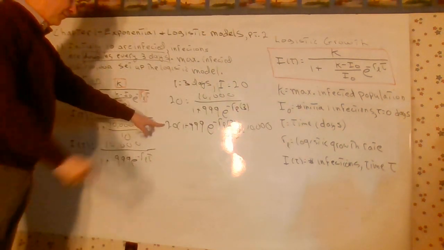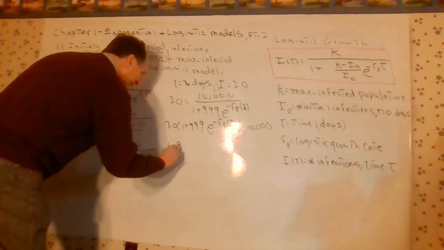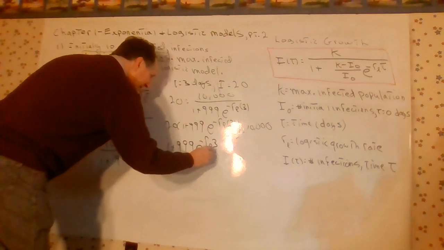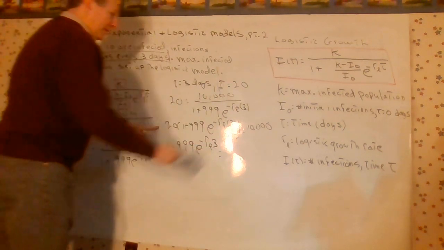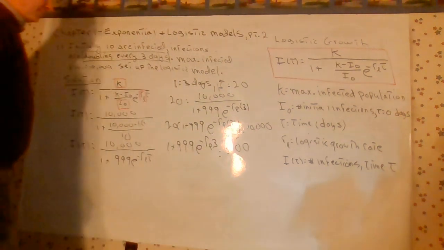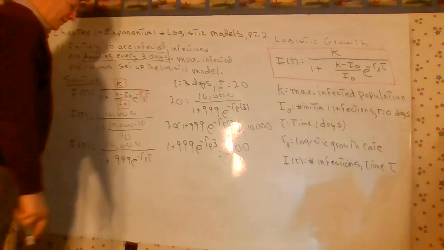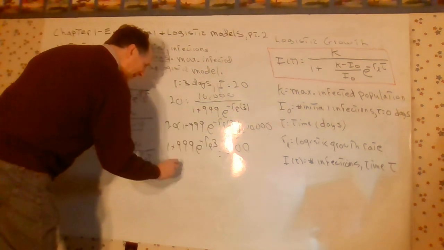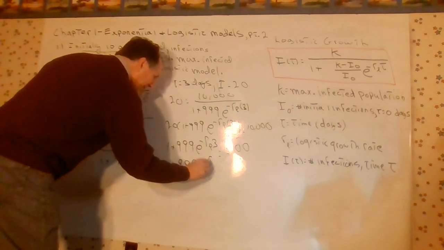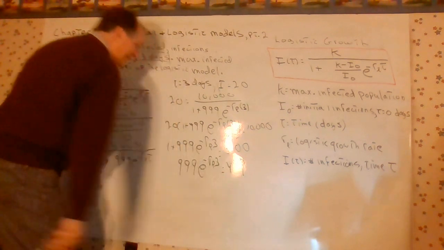Then if you divide both sides by 20, you have 1 plus 999 e to the minus R_L times 3 equals 500, since 20 goes into 10,000 500 times. We really want to isolate this exponential factor, so we subtract 1 from both sides: 999 e to the minus 3R_L is 499.